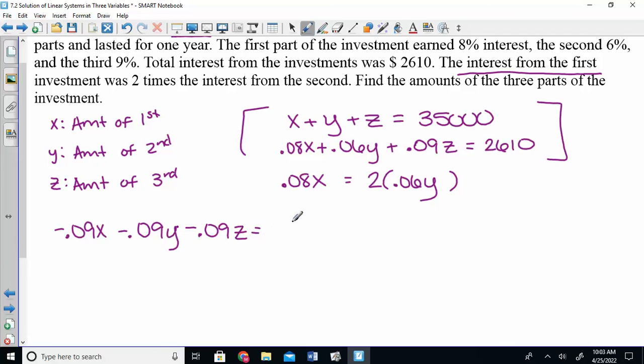What's 35,000 times negative 0.09? Negative 3,150. Okay. And then we're keeping the second one for a minute.